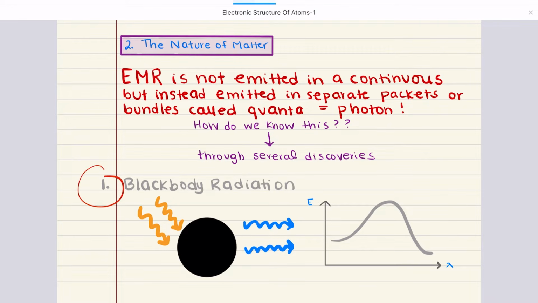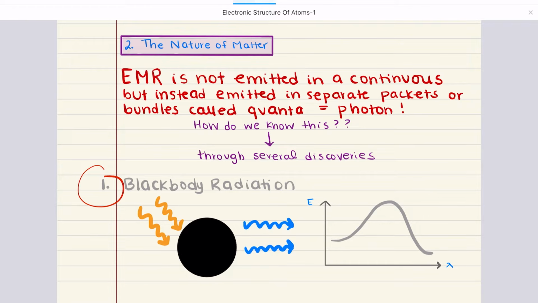Black body radiation is the electromagnetic radiation emitted by an idealized object that absorbs all incoming light. In classical physics, the theory predicted that radiation intensity should increase indefinitely at shorter wavelengths, which would result in an infinite amount of energy. And that just wasn't right.